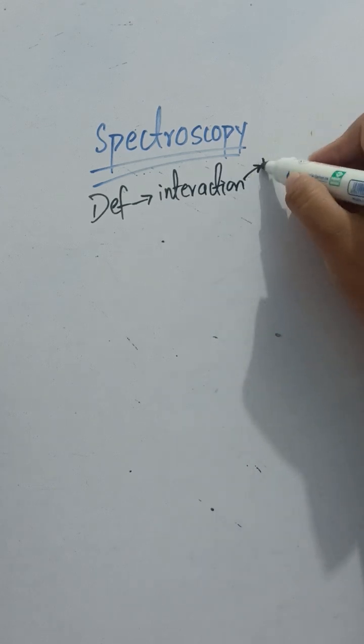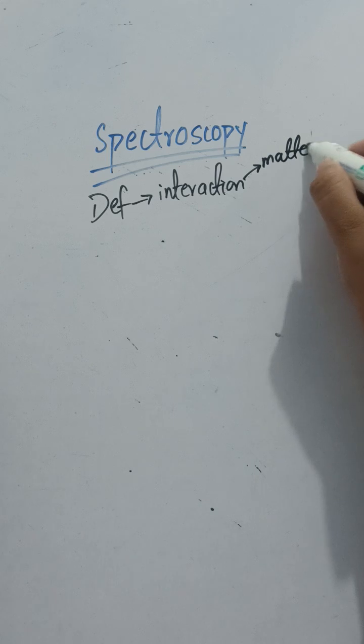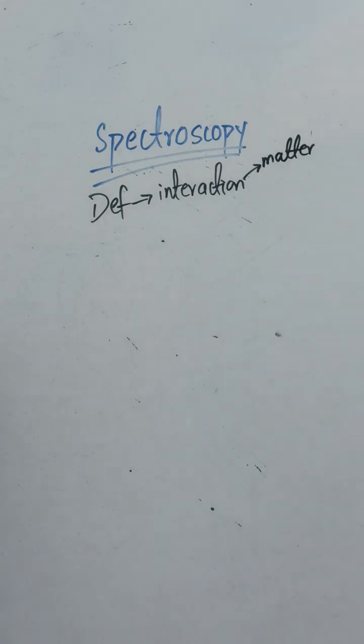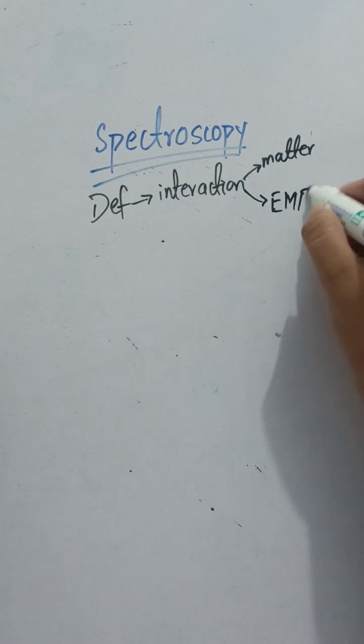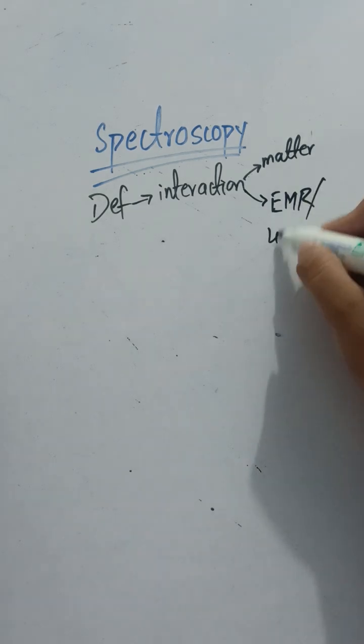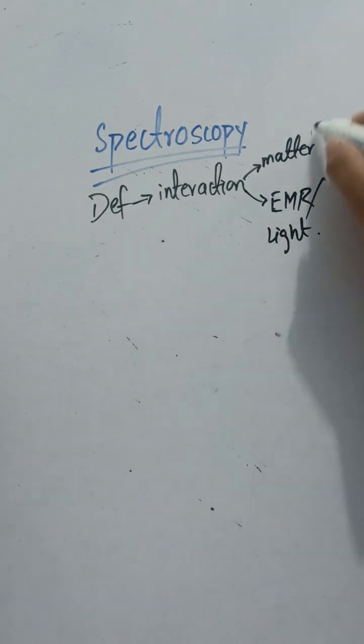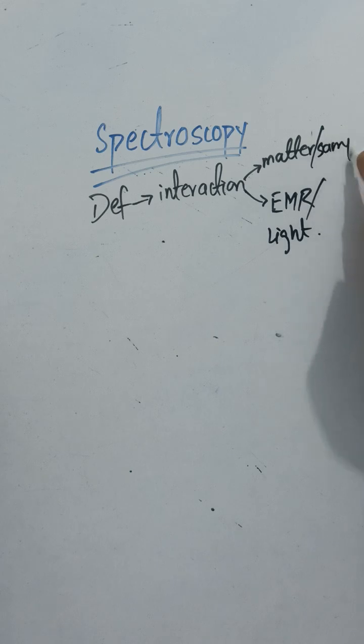The first thing is your matter, you can say your sample, and the second thing is your electromagnetic radiation, or you can say the light. Matter can be called the sample.